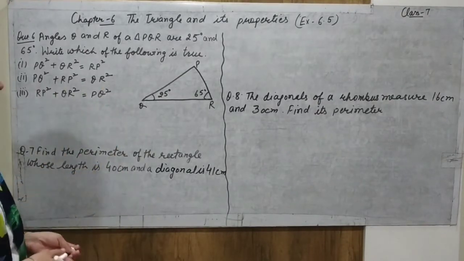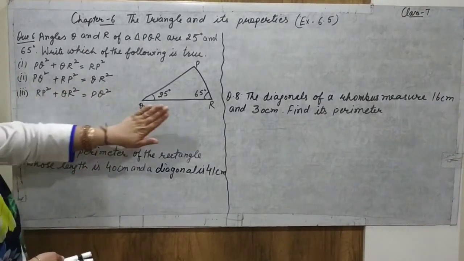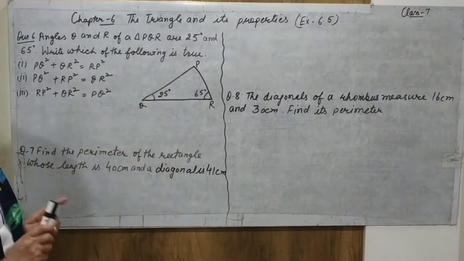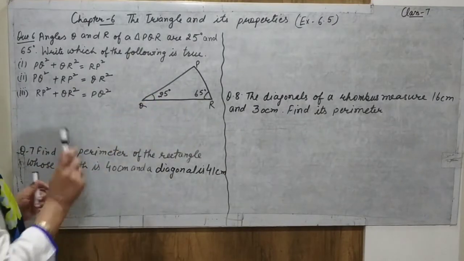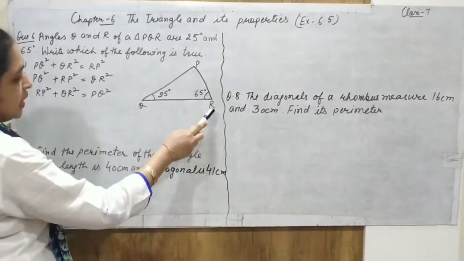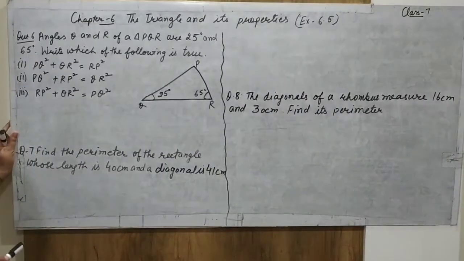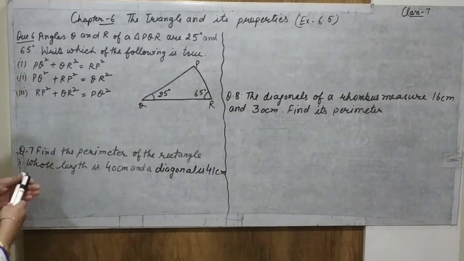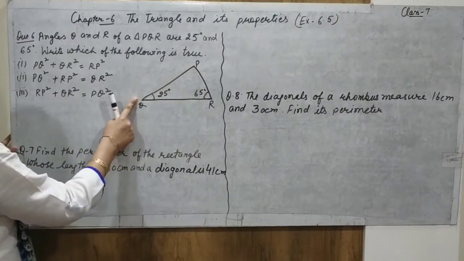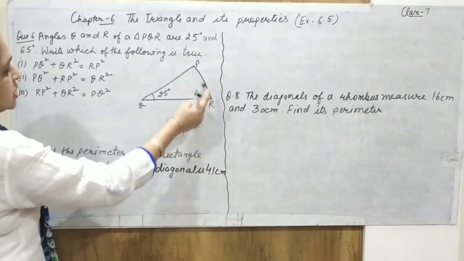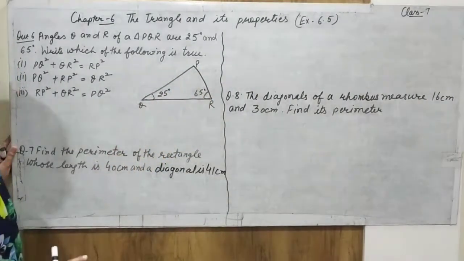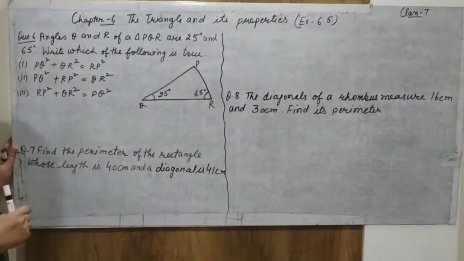Now, which are the statements given here? In a triangle, we have 3 sides. Side 1 is QR, second is RP, third is PQ. These 3 sides we have. Now, the relation given is PQ square plus QR square is equal to RP square. What is this relation?